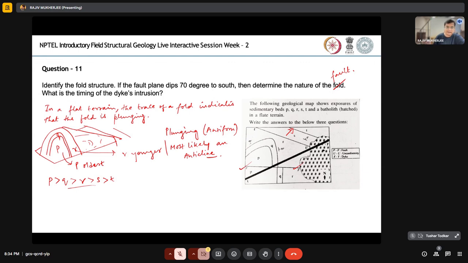Okay. Now there is a fault FF dash, right? Because of the fault, this part has become enlarged. So if this was the first trace of the fold, now it has become much bigger, which means this part has moved upward like this.